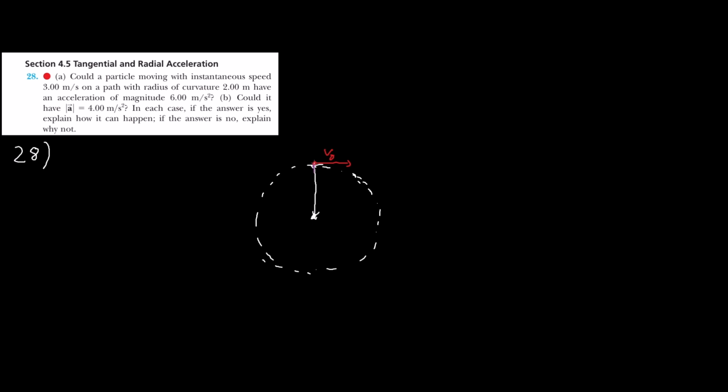Let's say there's a component of the acceleration that's going to be called a radial. And we know by definition that a radial is going to be v naught squared over r, or in this case, I'm just going to call it v. For part A, we are given the instantaneous speed, which is the constant speed of 3 meters per second.